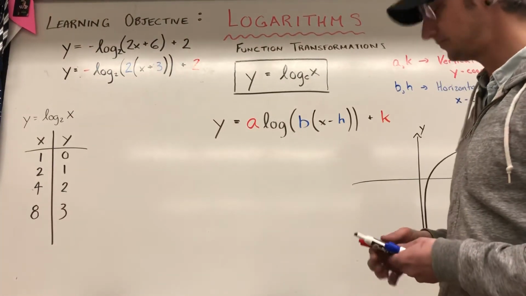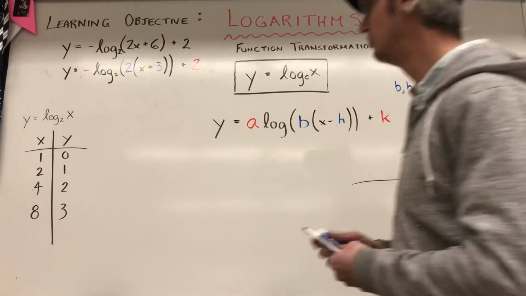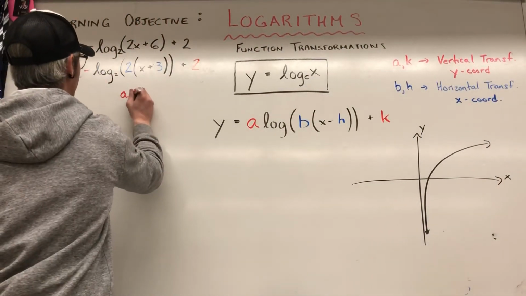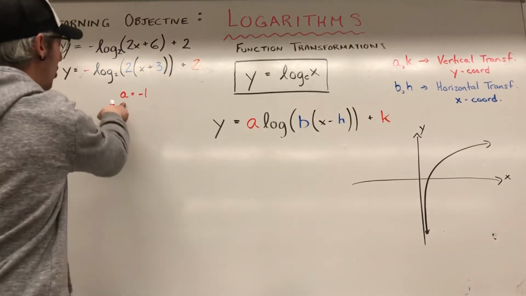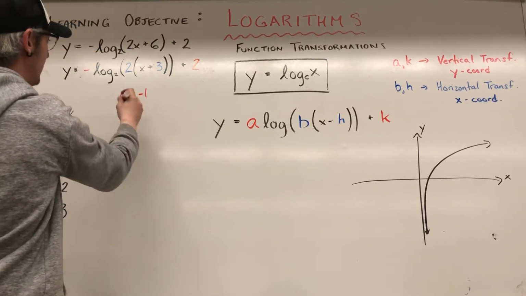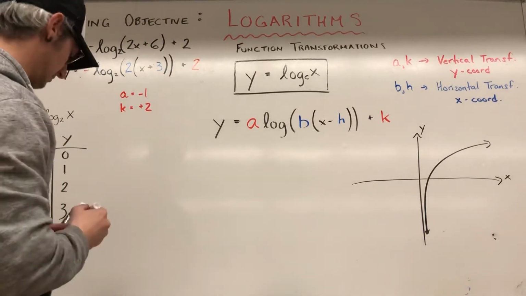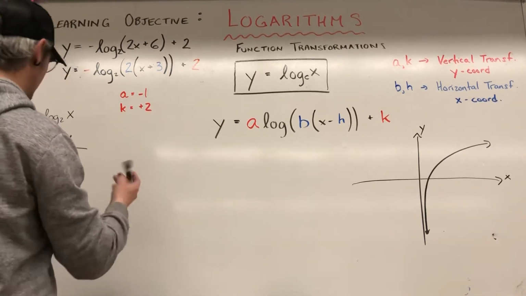This is great. So what do I have here? Let's see what I've got. So A is -1. So I'm going to multiply all my y's by -1, and then I'm going to add +2. Okay, so let's do that.